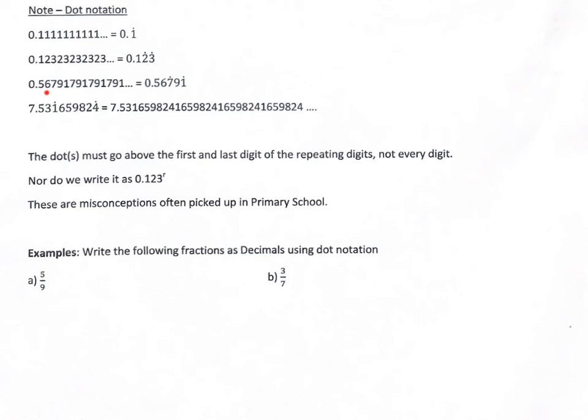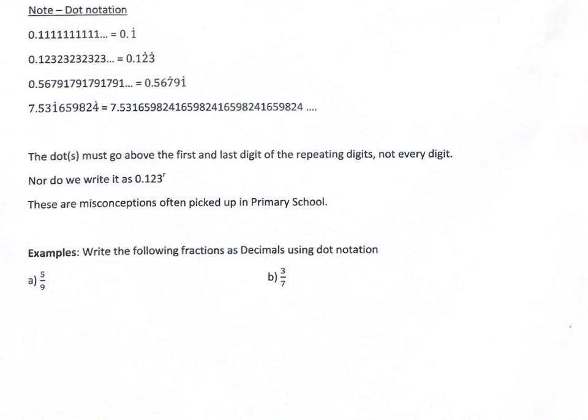If we have 0.56791791791, we can see the first part of the repetition is the 7 and the last is the 1. So we'll put a dot above the 7 and a dot above the 1. And we get 0.567 dot 9 1 dot.